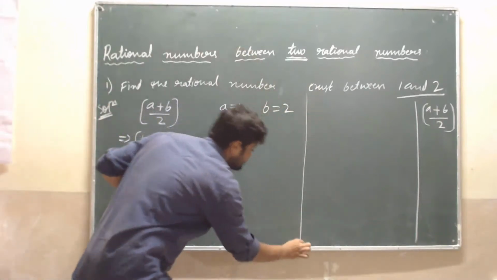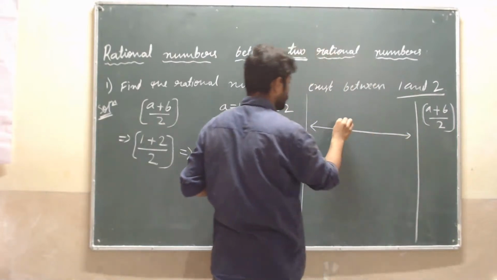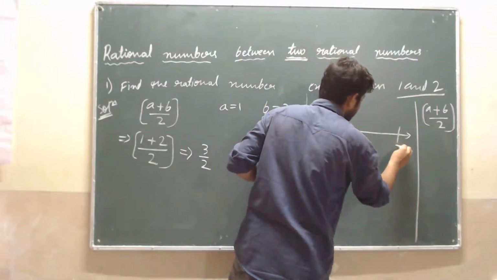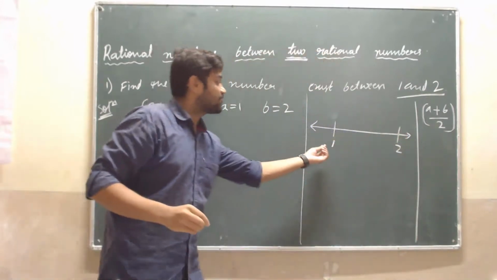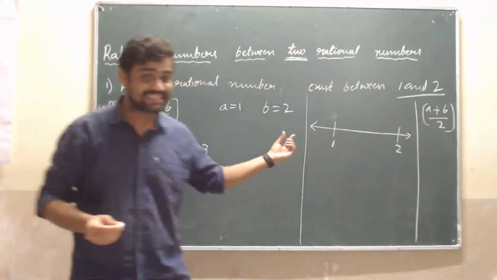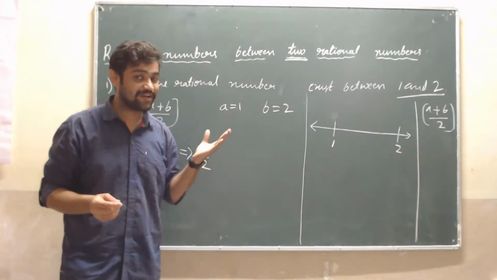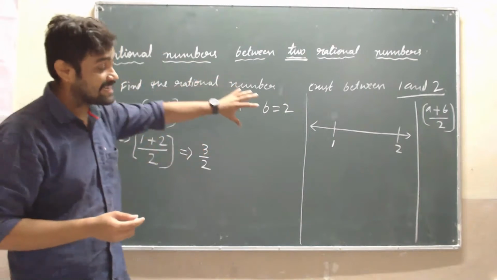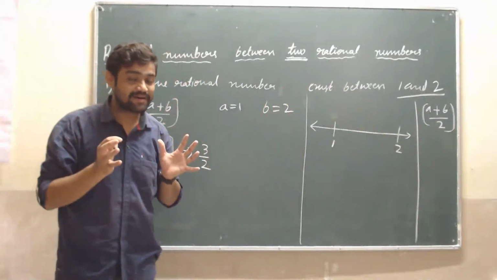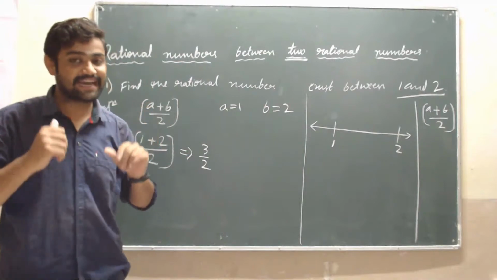Then I will draw the number line, with 1 here and 2 here. Between 1 and 2 we have to find the rational numbers. Can you tell me how many rationals exist between 1 and 2? Sir, in the previous video we studied that between any two rational numbers, there will be infinite rational numbers.